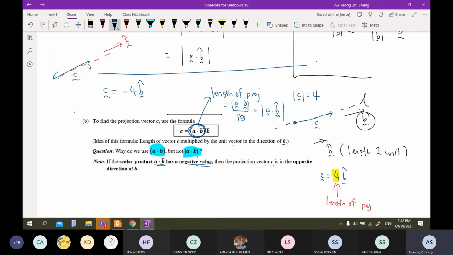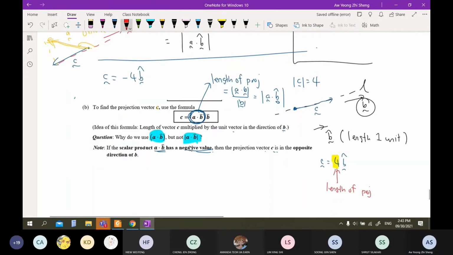Under what situation will we have C pointing the other way? It is when the angle between vectors A and B is obtuse. Right? Because when your A points to the other way, the shadow of A will point in the opposite direction of B.